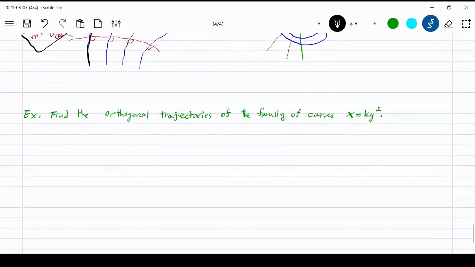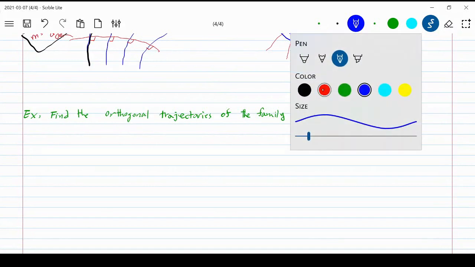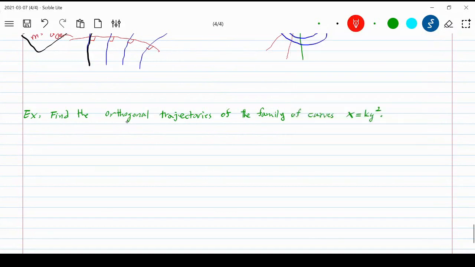So here, as an example, let me go back to the color red. Find the orthogonal trajectories of the family of curves x equal to ky squared. So this is a family of curves. For example, if you let k equal to 1, what you get is this parabola, which is sideways.